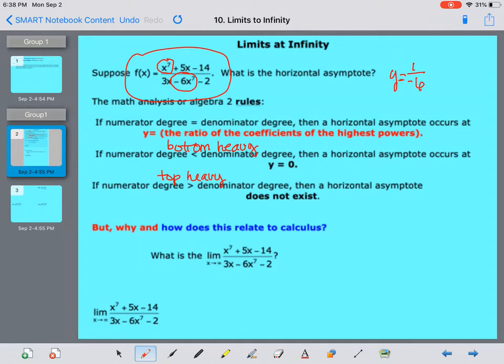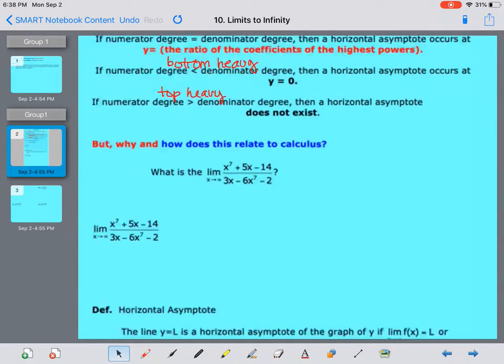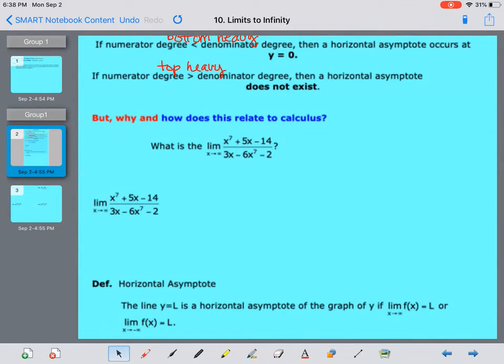If we think about the idea of a limit as we approach infinity, because that's what the horizontal asymptote is, that end behavior, how do we algebraically prove that this is in fact 1 over negative 6? That takes a little bit of manipulation. The term with the highest power is that x to the 7th.